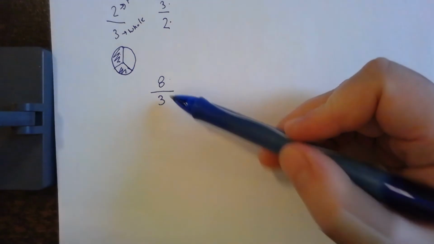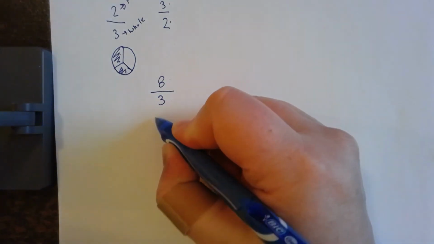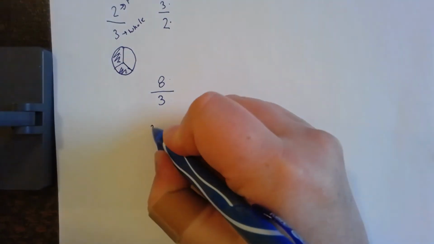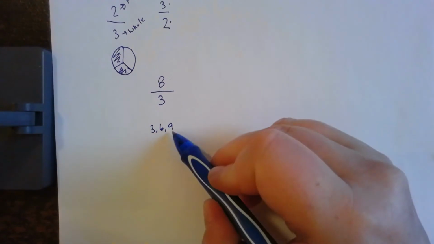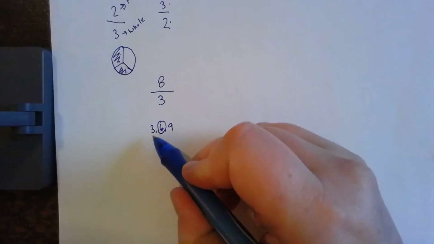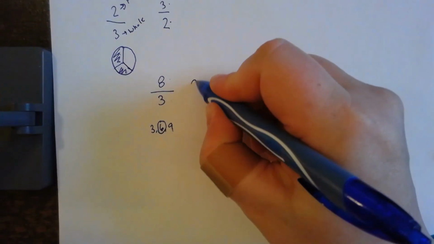Now, sometimes the kids will come down here and write out the fact family for the 3. They could go 3, 6, 9. Okay, 9's too big, so we're going to use 6. So 3 will go into 8 2 times.